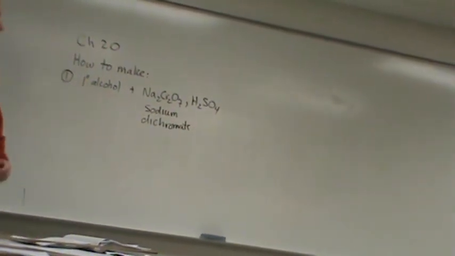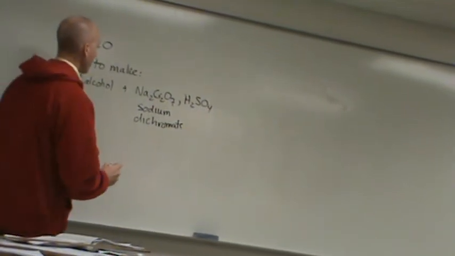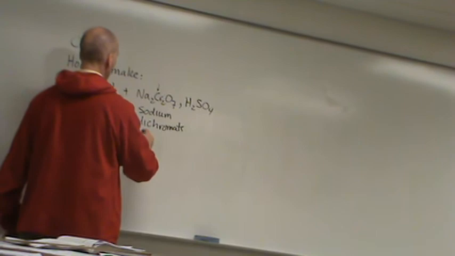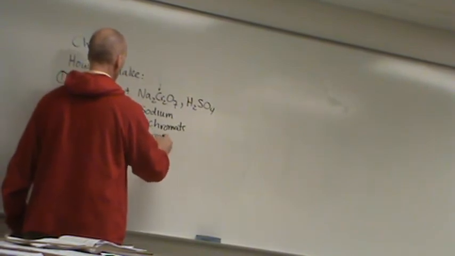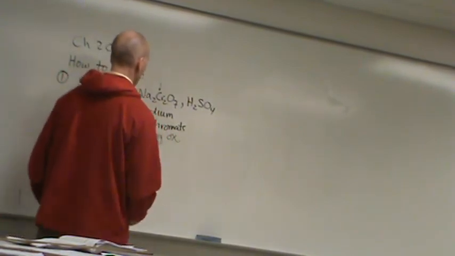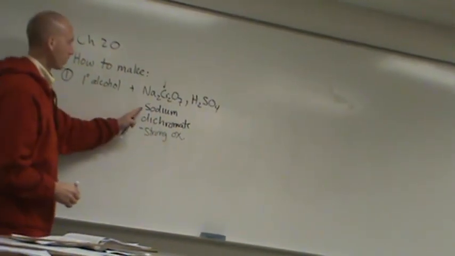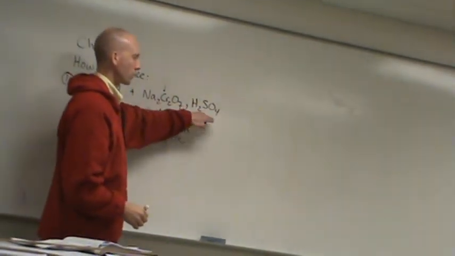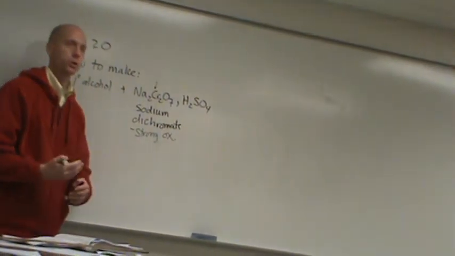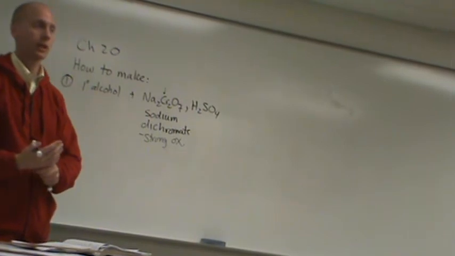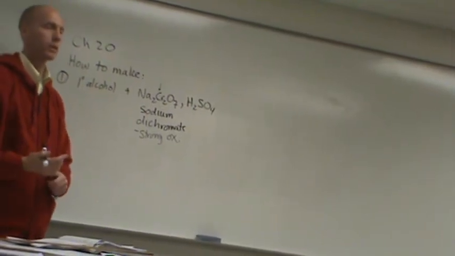Anytime you see this chromium atom in sodium dichromate, it is a very strong oxidizer. You remember that, okay? Not only is sodium dichromate a strong oxidizer, but also sulfuric acid. If you pour sulfuric acid on your hand, you'll see it oxidizing your hand very quickly, turning yellow, and then some other nice colors.